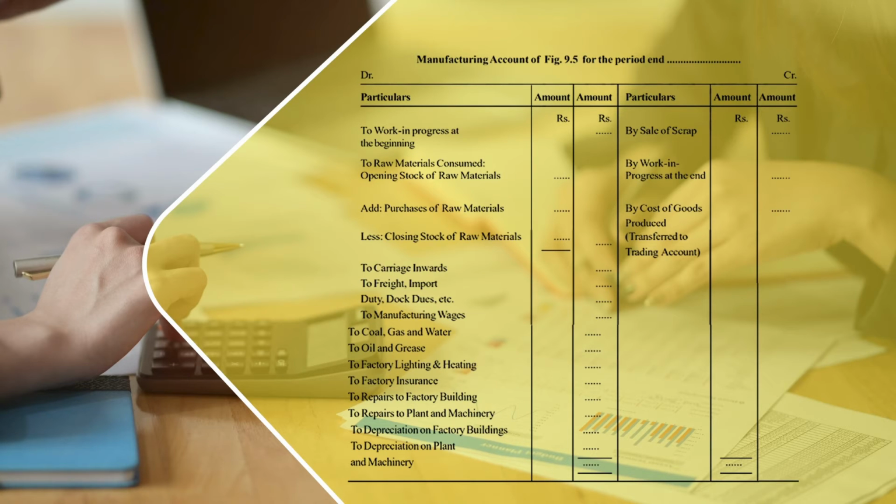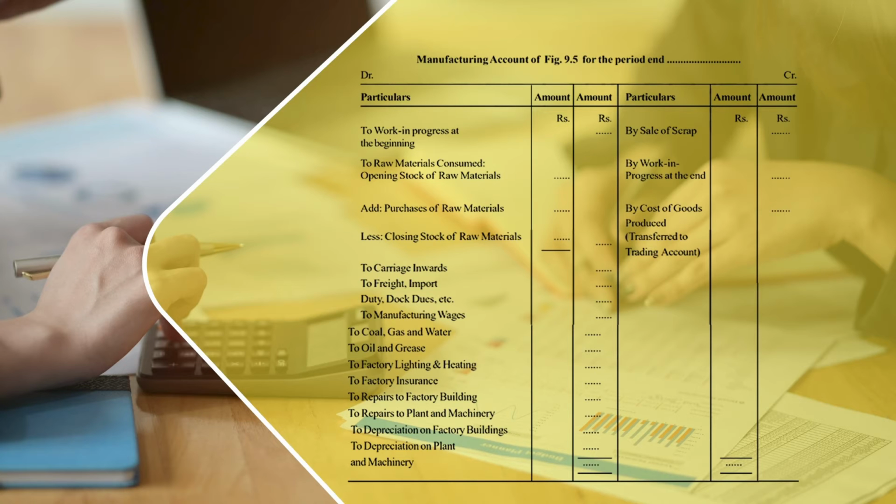Then the other direct expenses: carriage inwards, freight and import, dock and dues charges, manufacturing wages, motive powers. These five expenses are direct expenses related to the material and the goods, so they are also shown separately on the debit side.